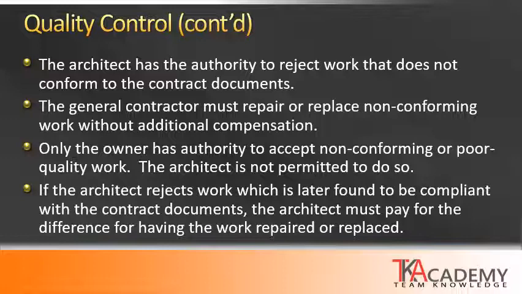If the architect feels that there may be some non-conforming or faulty work there, they can require that the contractor expose that work by removing or demolishing what needs to be done to expose and verify that the work is compliant. If it is found to be non-compliant, then the contractor must pay to replace or repair that work in accordance with the contract documents.